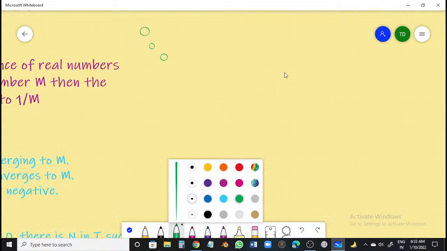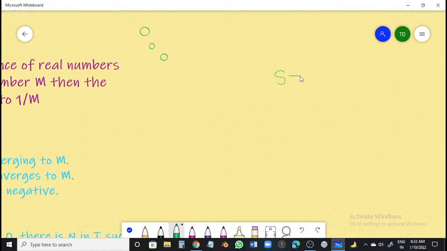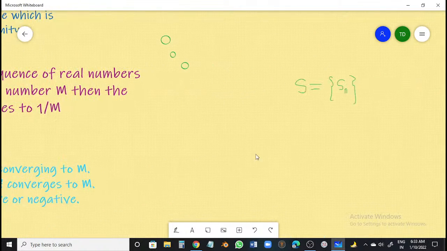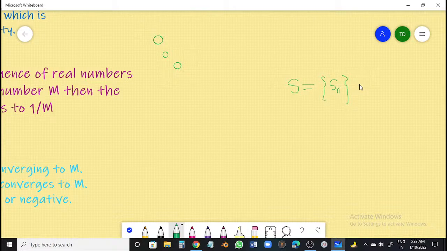We are handling a sequence S with terms Sn. We don't know what kind of terms it contains, but what is given to us is a sequence of real numbers converging to a non-zero real number m. So Sn is a converging sequence and it converges to m, but for sure this constant value m is non-zero. Since m is non-zero, 1 upon m should exist.